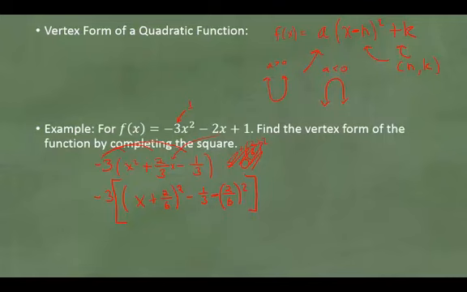And then we simplify. Negative 3 times (x plus 2/6) squared, or 2/6 is the same thing as 1/3. And then what does this equal here? We can use the calculator to simplify that.